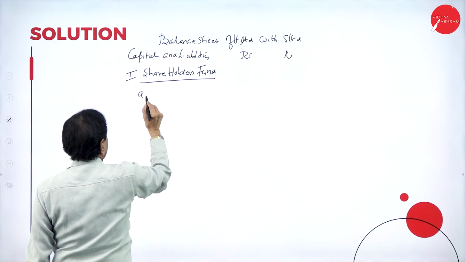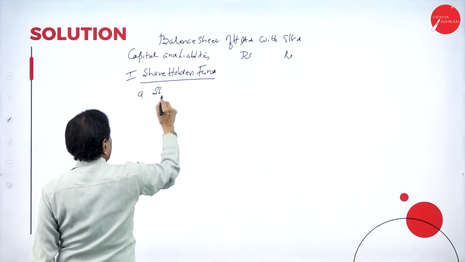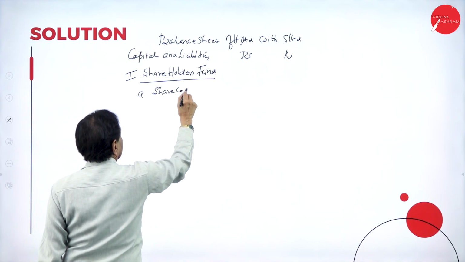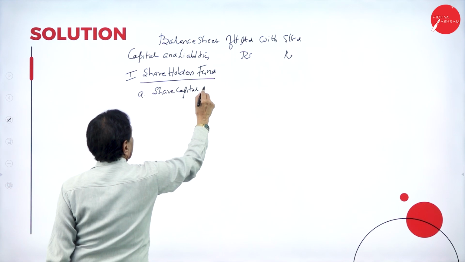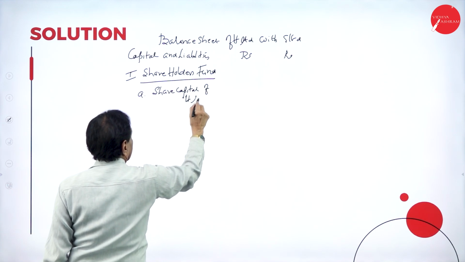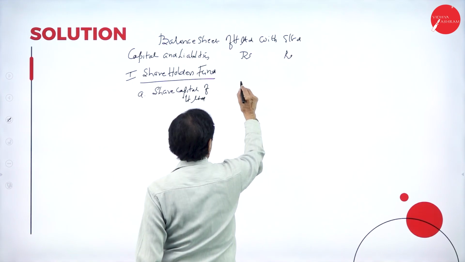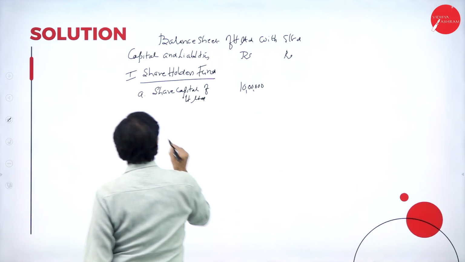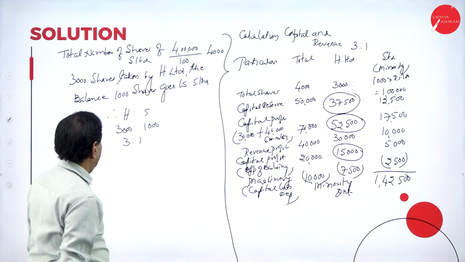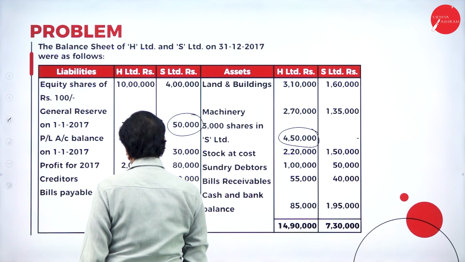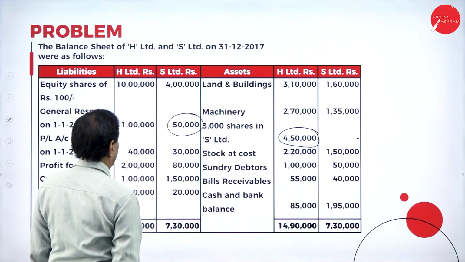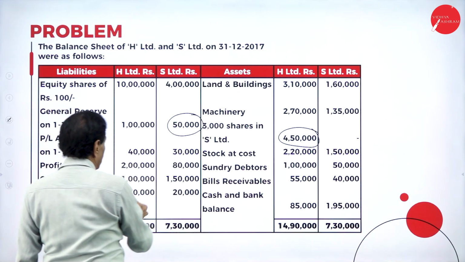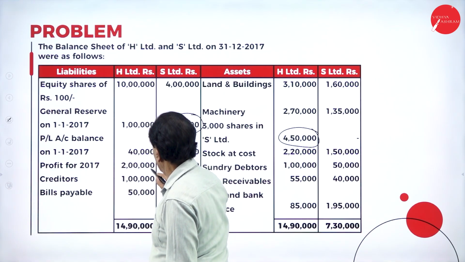A. Share capital of H Limited 10 lakh. B. See the profit. Capital reserve. So much? 40,000. This is your profit for the year.